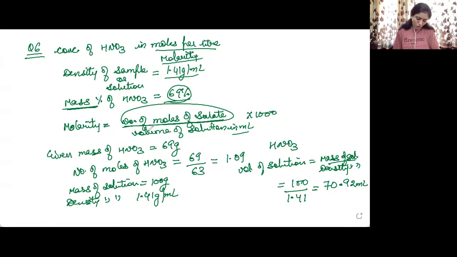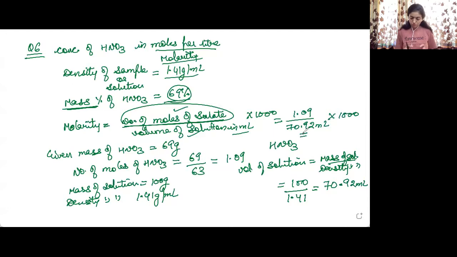You just need to put the values in this formula and you will get the value for molarity. The number of moles is 1.09 and the volume of solution is 70.92 ml. Because it is in ml, we need to multiply by 1000.